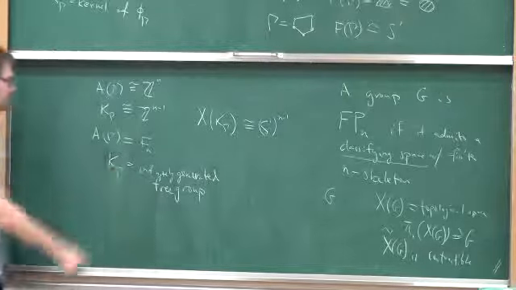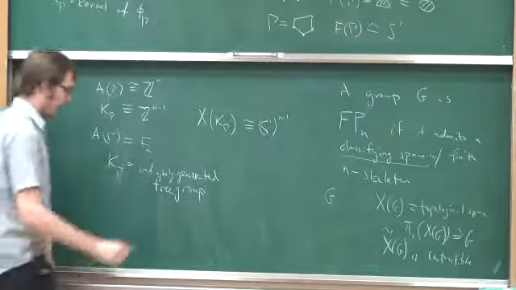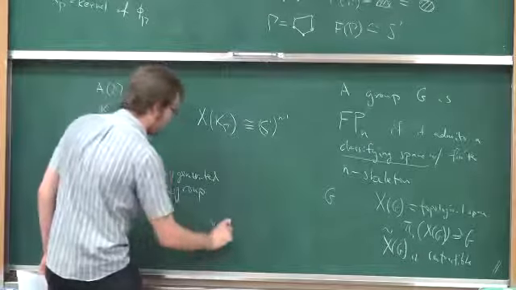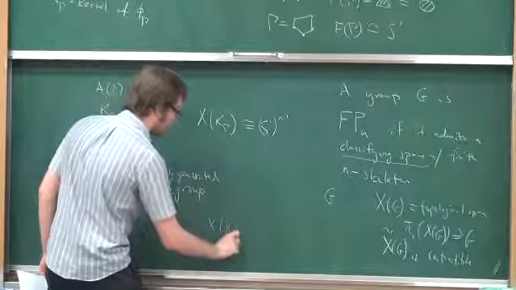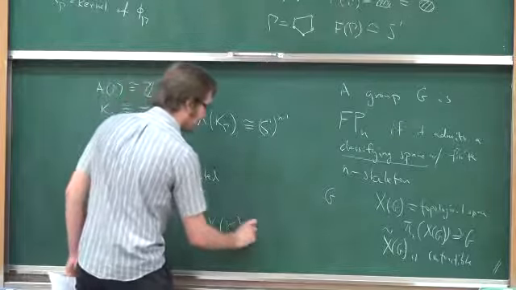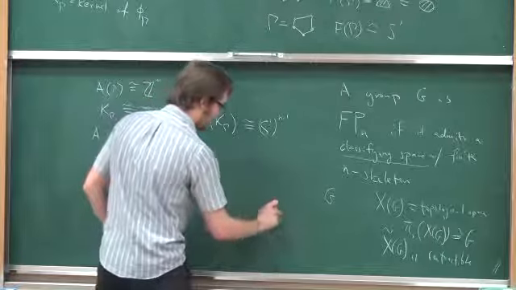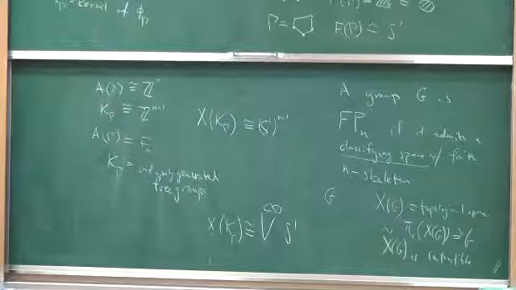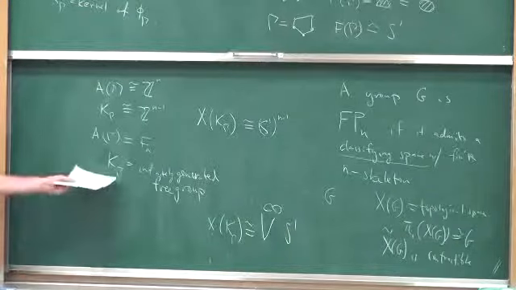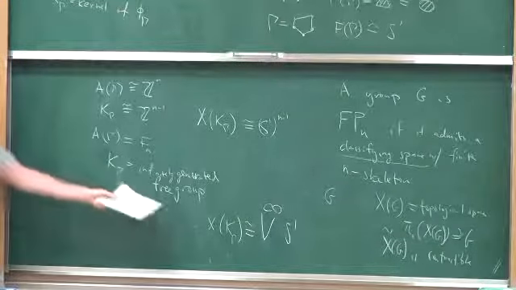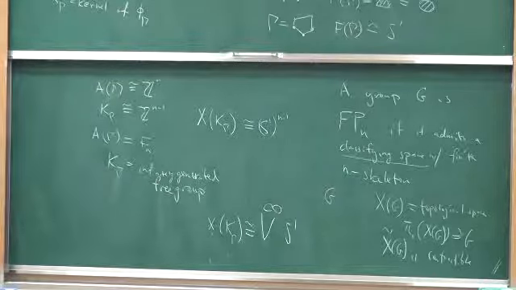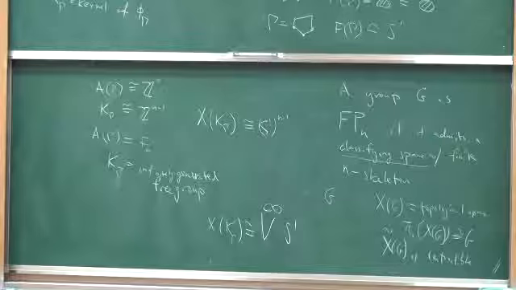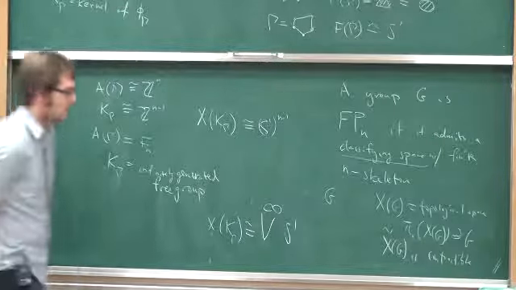If K gamma is an infinitely generated free group, then you could take X of K gamma to be an infinite wedge of circles, which doesn't have a finite 1 skeleton. And because the fundamental group of X of K gamma is infinitely generated, there's no way that you can expect there to be a classifying space with a finite 1 skeleton.